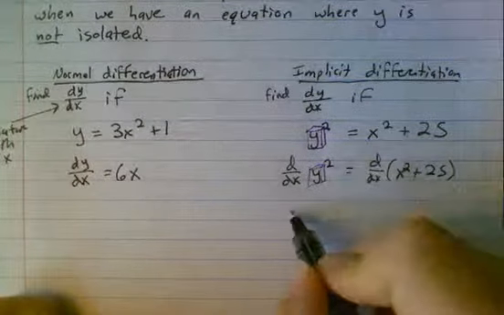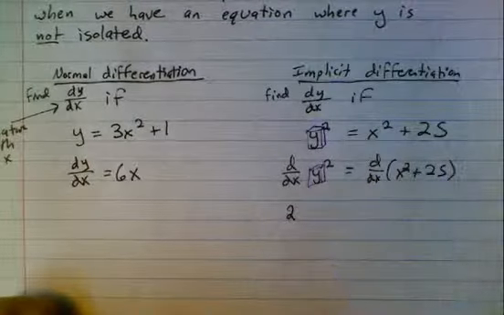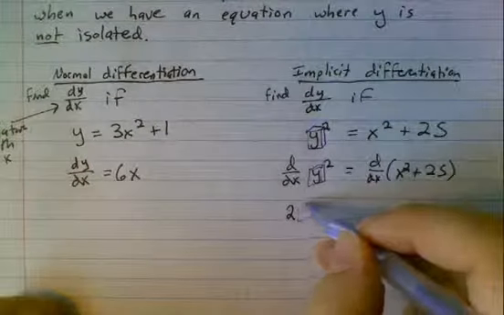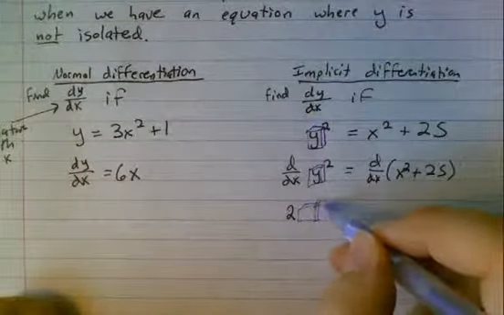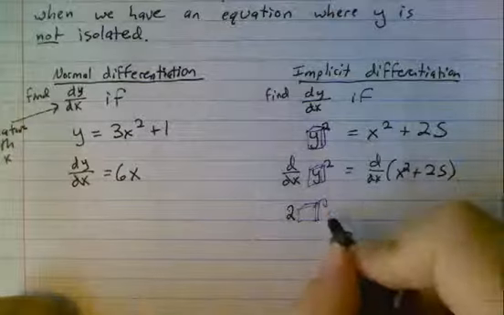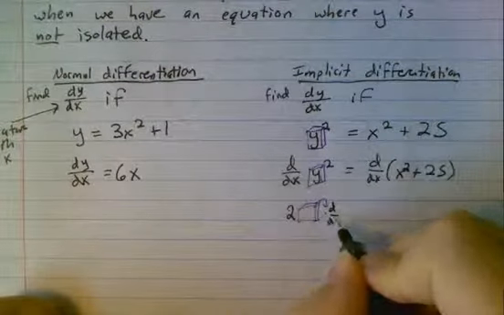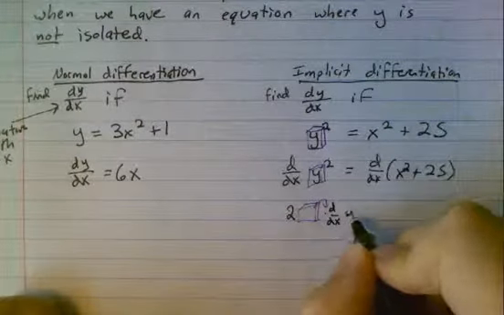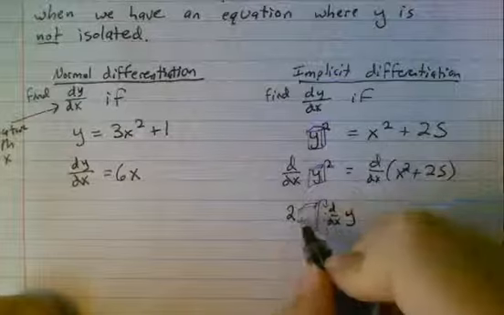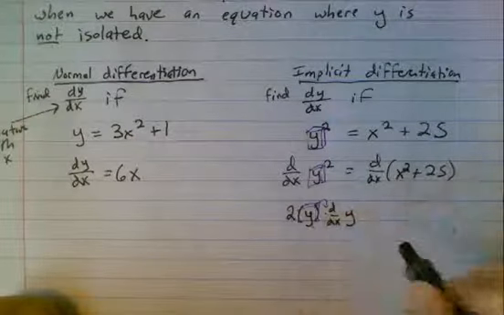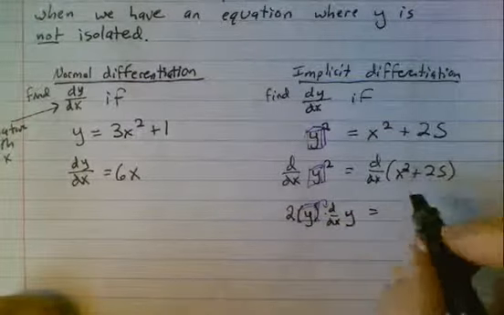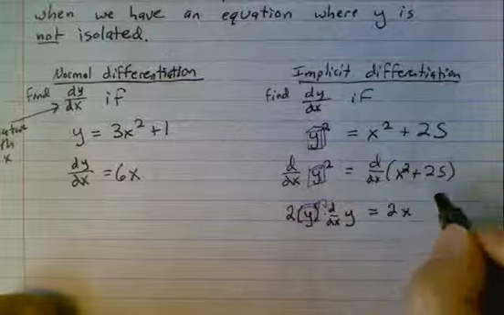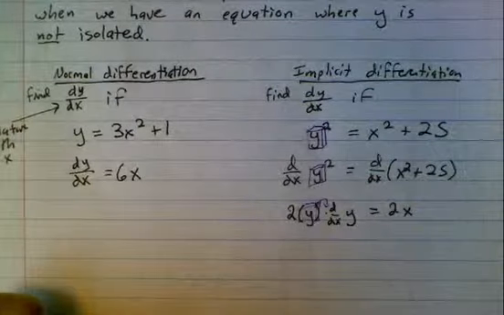So this is going to bring down the 2 of the box, and then times the derivative of what's inside, and what's inside there is y. Over here we're going to do a derivative like normal, that's 2x, derivative of 25 is 0.